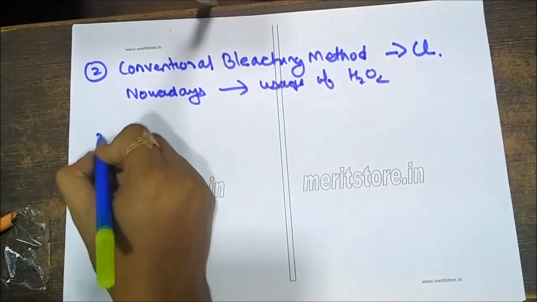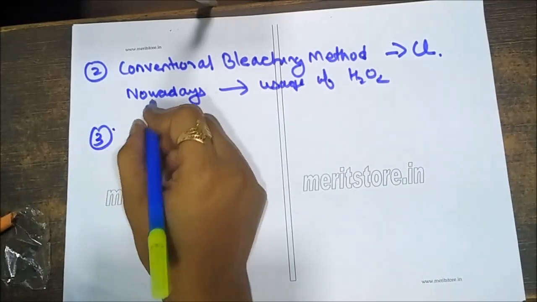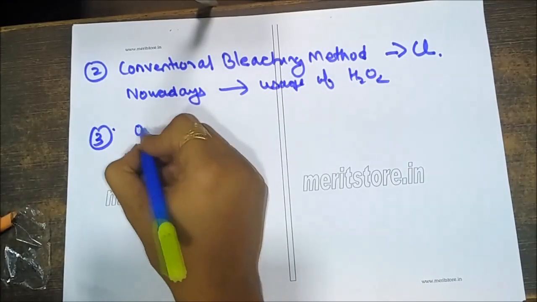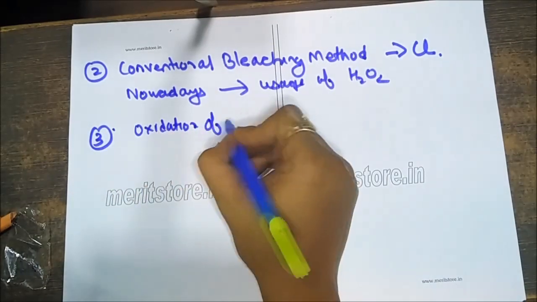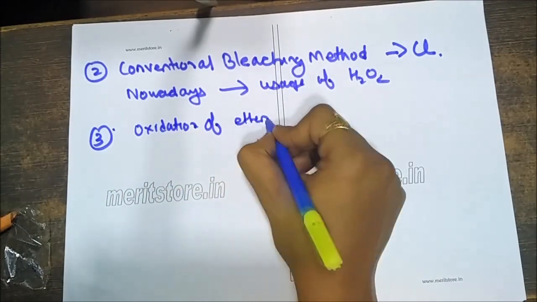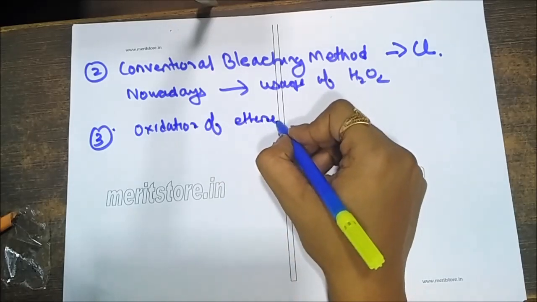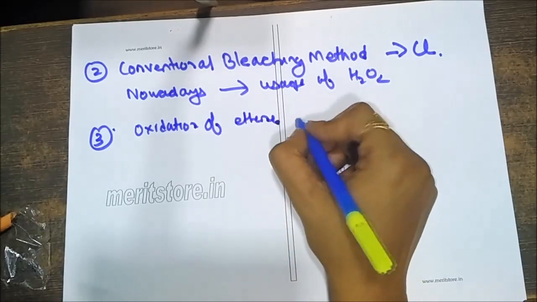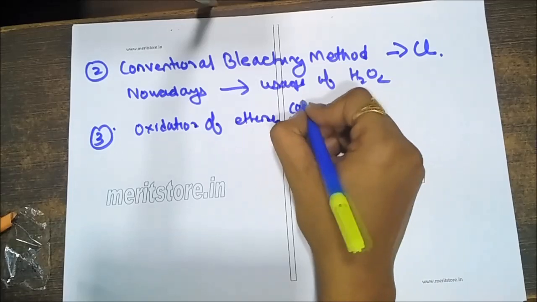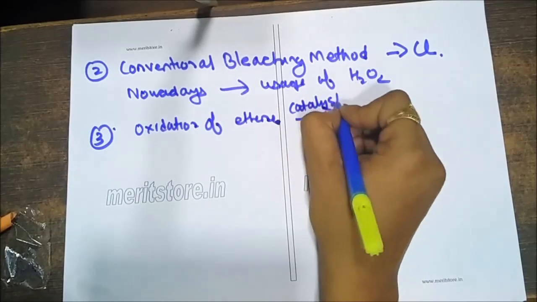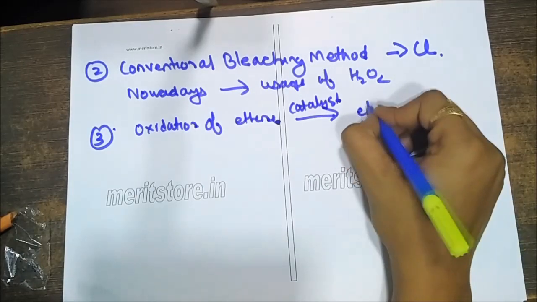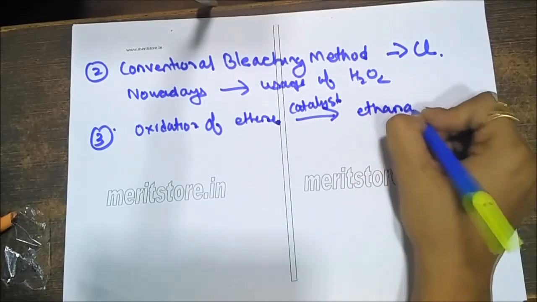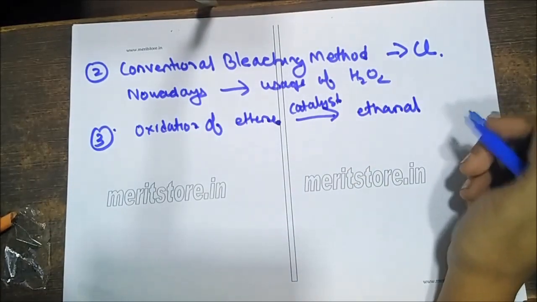All right, and the last is oxidation of ethene in the presence of a catalyst. It gives ethanol, but the yield is increased here.